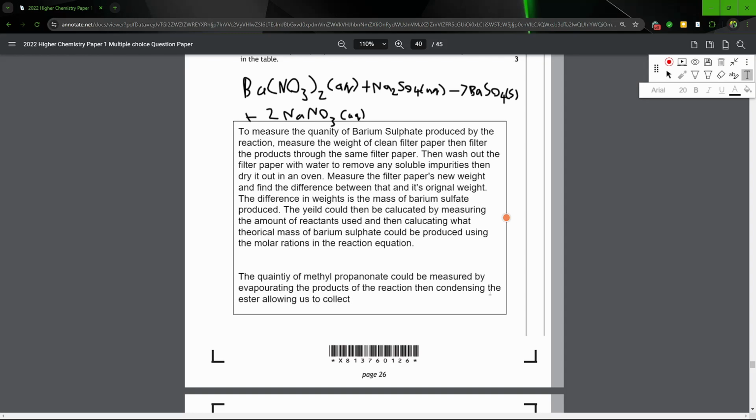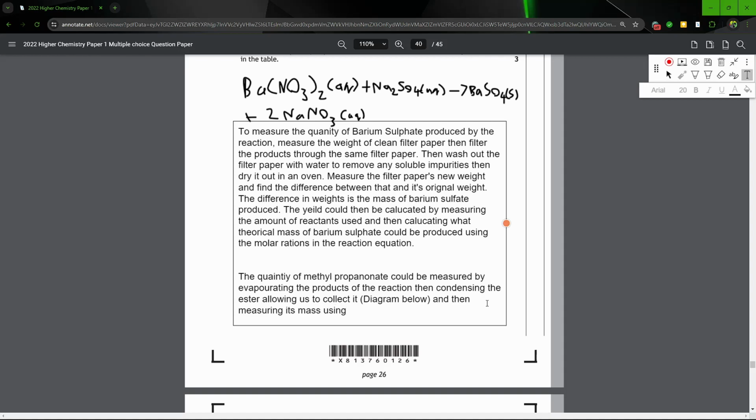And I'm going to draw a diagram below. Collect it, and then measuring its volume. Measuring its mass using a balance.